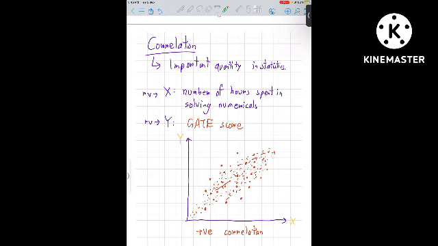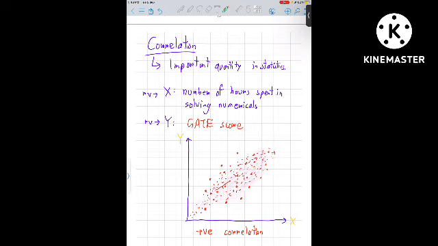You can see it's getting a bit messier over here, but I hope you are able to see the trend that is being shown. What are you able to see? As you increase the number of hours spent in solving numericals, more and more students are getting a better rank.